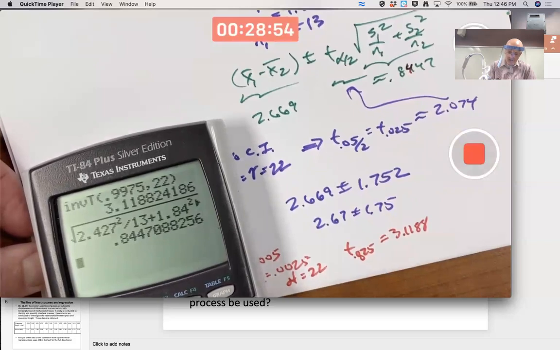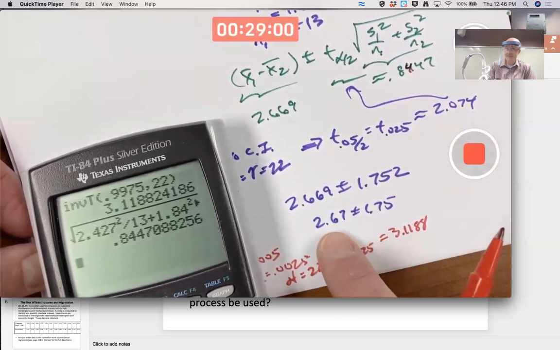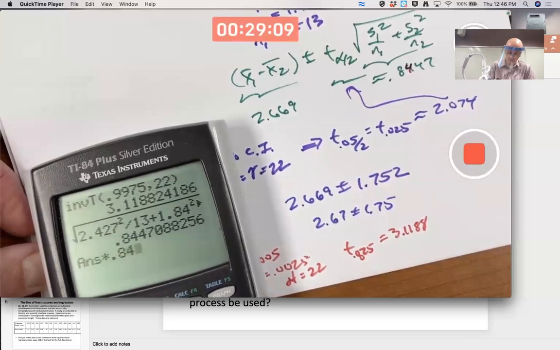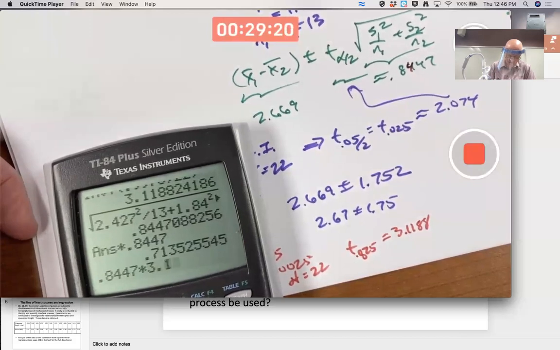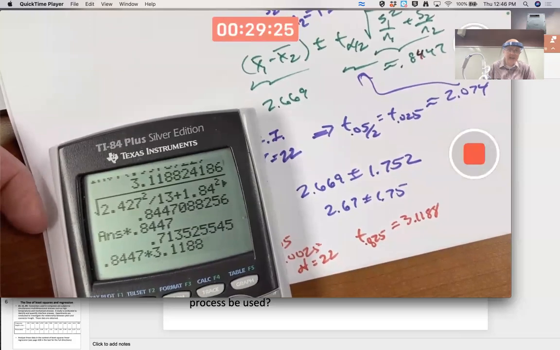If I multiply that by this 3.1188, it should be close to 2.67. Not quite. Oops, times 0.8447, is it? Wait, what happened there? What did I do? Oh, I did the wrong multiplication. 0.8447 times 3.1188. Is it close to 2.67, but a little smaller?